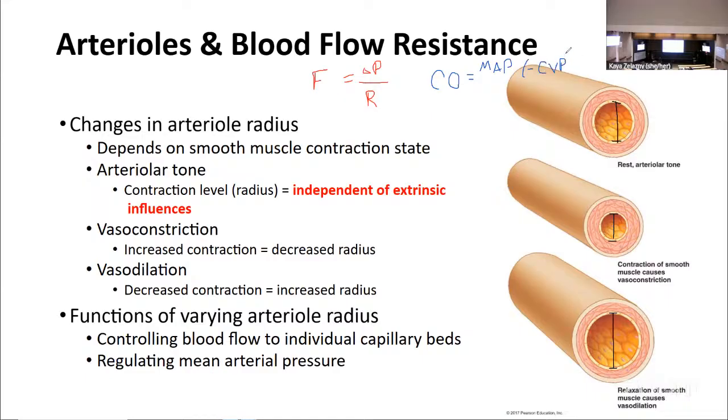So we usually kind of wave our hands, don't actually do the math, but we could actually do the math. And we know that our resistance is the total peripheral resistance. All right. So what we're saying with that second bullet point is that if we change our total peripheral resistance without changing cardiac output, then that would have an effect on our mean arterial pressure. Okay.